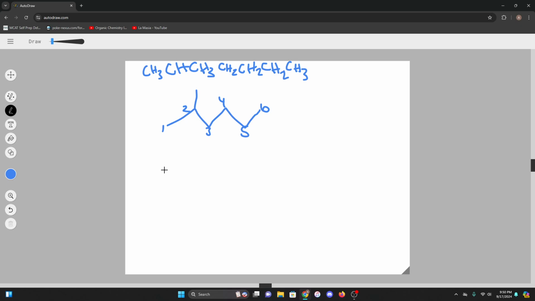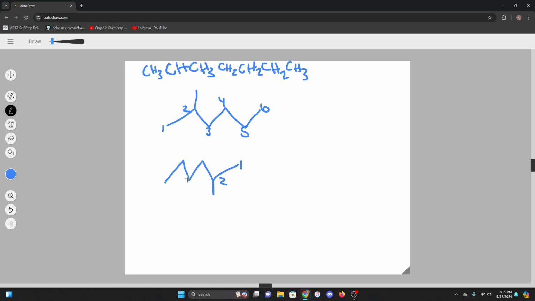Anyways, now looking at a constitutional isomer, basically what you want is different connectivity. Essentially what that means is, if I were to draw this, it is not a constitutional isomer. You might be wondering, well, how is this not a constitutional isomer? Because now you have to start counting from the right.